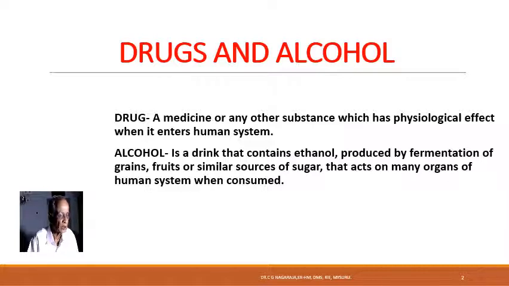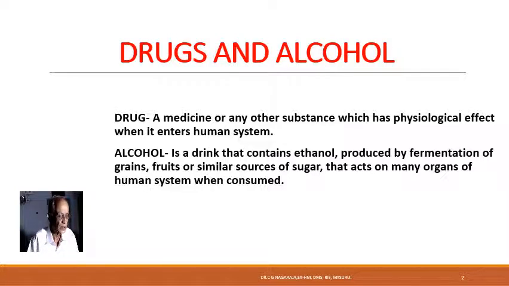Even alcohol has effect on our physiology. The first thing I have seen, people who drink and drive a car will lose the balance because both the cerebrum and cerebellum will not be working in the way the person wants, and therefore it has effect on the brain and other systems.